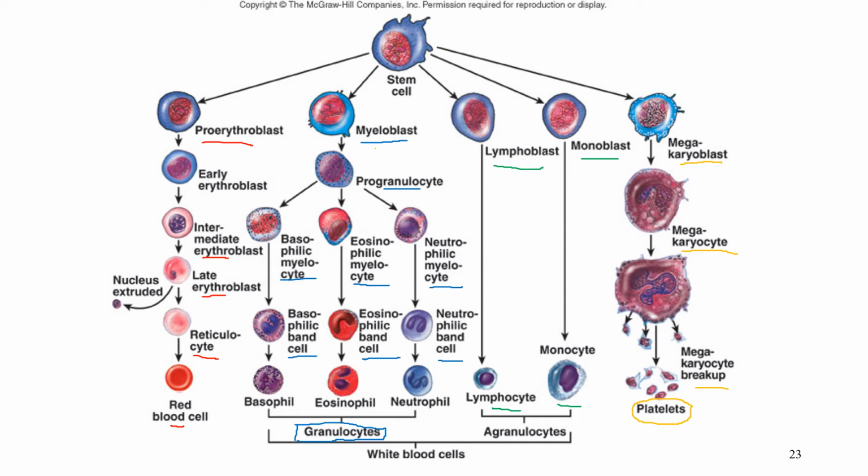So of course, the younger version or the precursor cell would be a monoblast. Okay? So that's how your different types of blood cells are being produced. And please make sure that you will be able to know the differences among the features of your basophilic, eosinophilic, and neutrophilic cells. Kasi kung makikita nyo dito, magkakaiba sila ng shape of the nucleus. Okay?